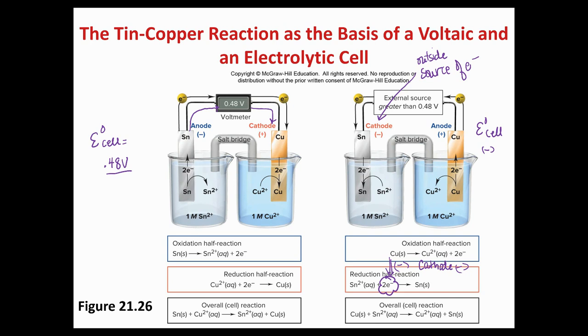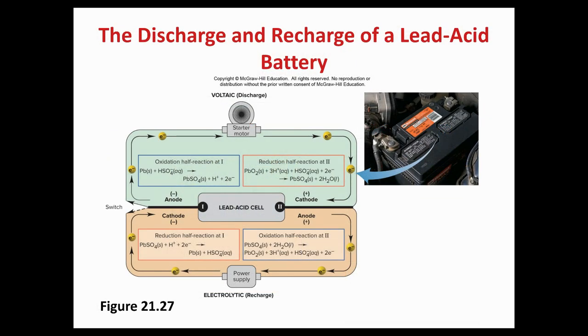Okay, so maybe you're asking yourself, if these are a hassle, why do we need to know electrolytic cells in concept? I keep using the example of your cell phone at night, after it's dead, you want the reaction to go backwards. That's not a spontaneous reaction. So you have to put an outside source of electricity on it. This is showing that idea with recharging a lead acid battery.